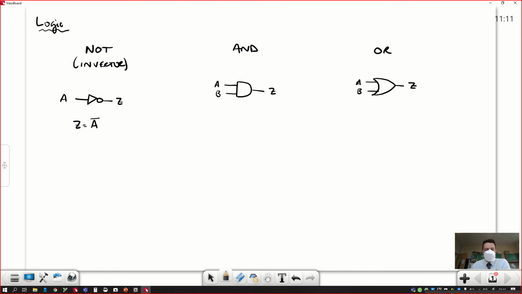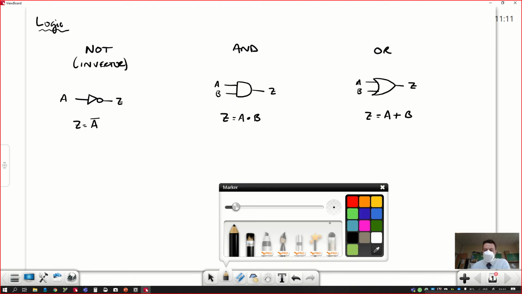Over here, I would write Z equals A and B, with a big black dot right in between the 2 letters. These are the Boolean terms. And then this one's A or B. Z equals A or B. And I know it's a plus sign and everybody complains, but that's just the way it goes.